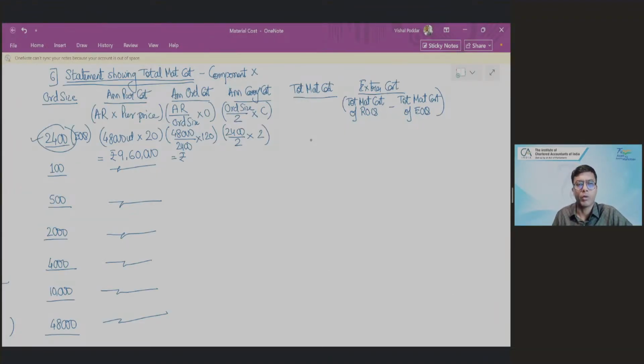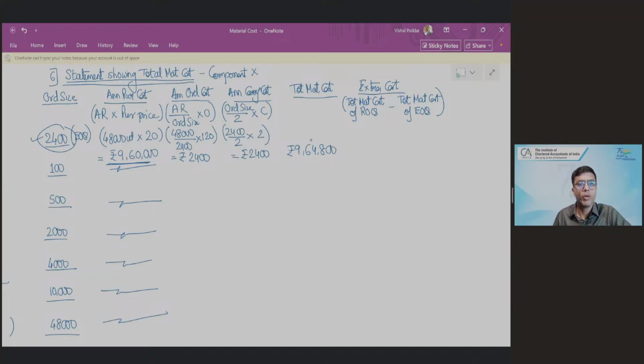Correct? Now, my annual purchase cost was 960. If I solve this, I get my annual ordering cost as 2400. I get my annual carrying cost also as 2400. So what will be my total material cost for the EOQ option? It is rupees 9,64,800.